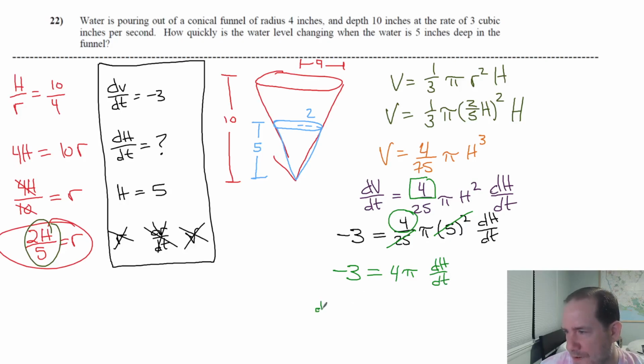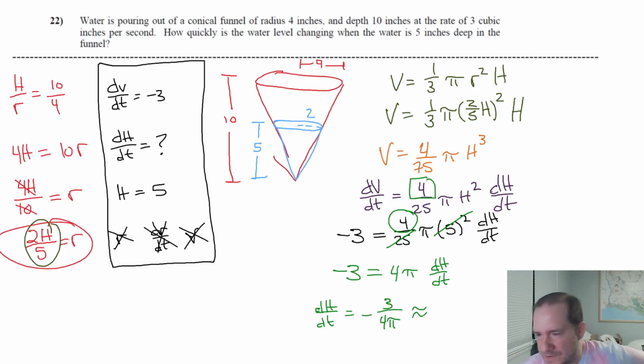So that must mean that the rate of change of the height is negative 3 divided by 4 pi, which of course is approximately worth, I don't know, negative 3 divided by 4 pi.